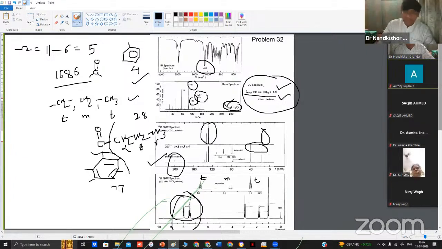If they are very keen to solve the spectral problems, the spectra will give the data about the combined problems, which is a very important topic in MSc Part 1 and 2, because NMR spectroscopy includes most of the combined problems, and that will definitely help you if you go through the lecture series.